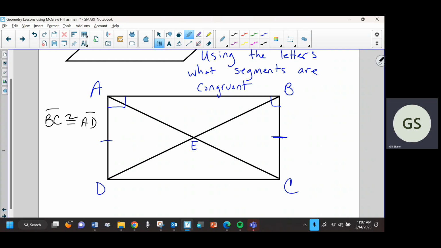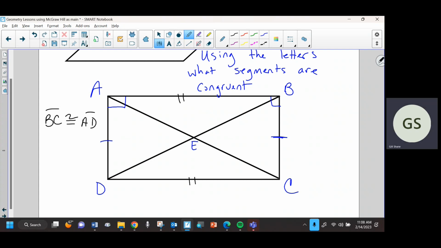Say it again. AB is congruent to DC. It's a rectangle. The top side's congruent to the bottom side. Come on, people. I shouldn't have even needed this lesson to know that. You've been doing that since you were in second grade. I really think that's when you first do rectangles. So now we get into some that are a little more challenging.